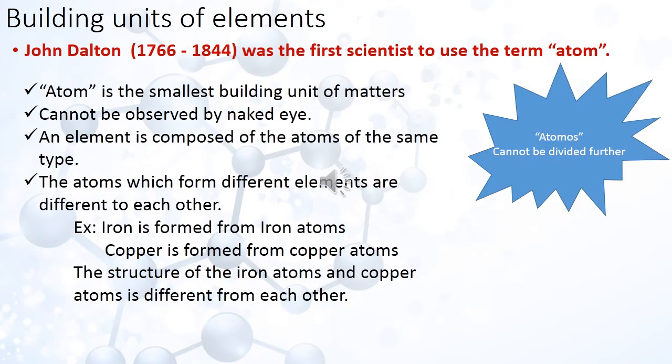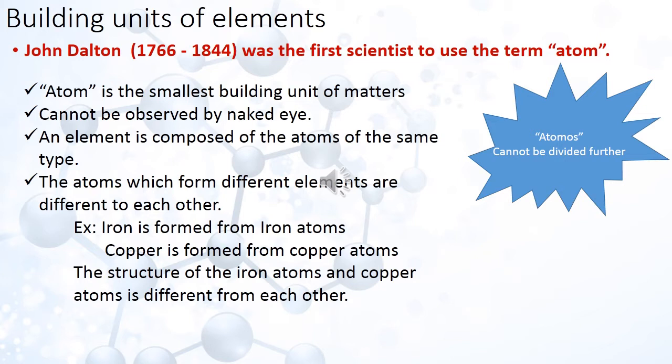Building units of elements. Now we learn all matter is composed of particles. And these particles we can't see with our naked eye. These small particles in matter we know as atoms.